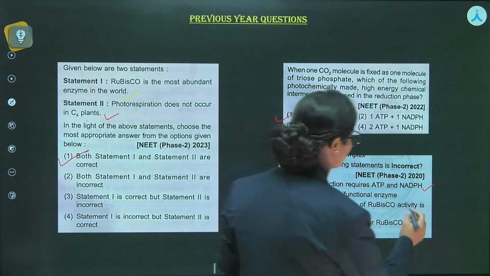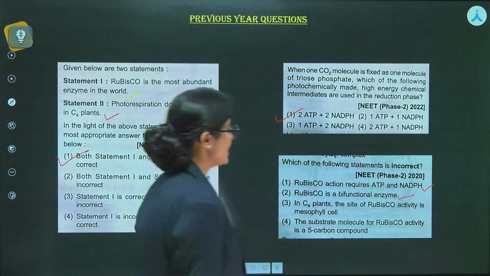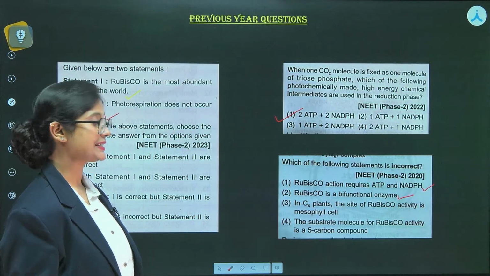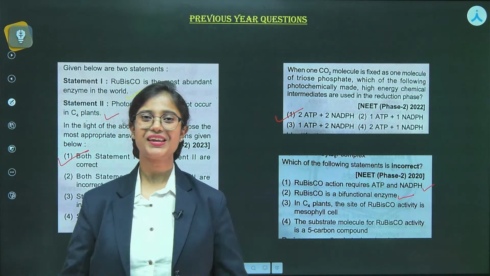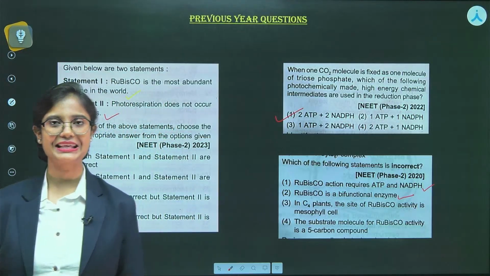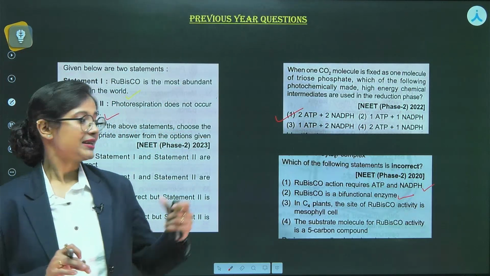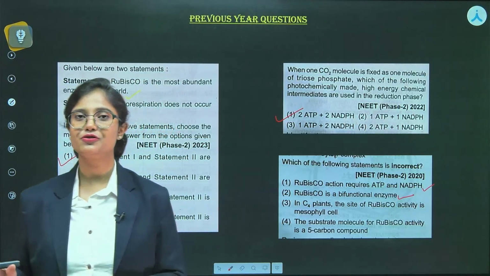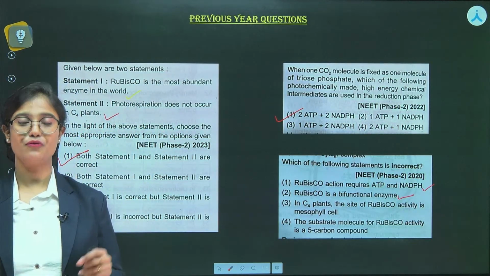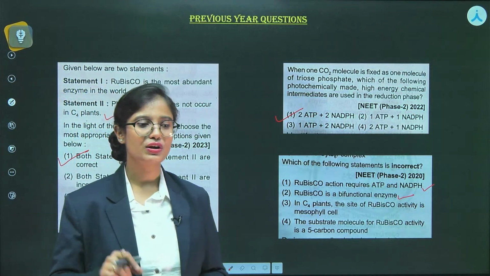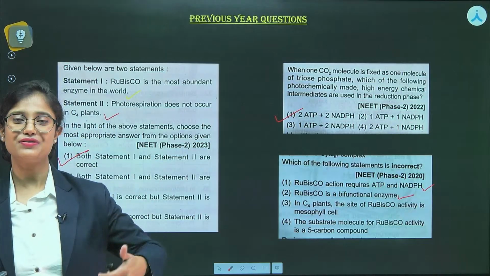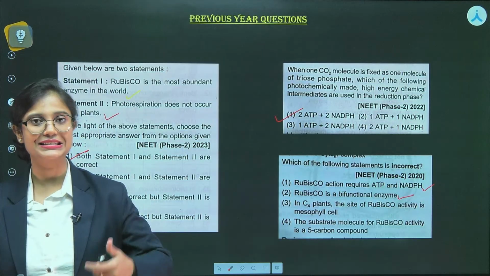तो ये statement भी correct हुई. Next one is, in C4 plants, the site of Rubisco activity is mesophyll cell. तो हमने जब differences देखे थे, we have seen that action of Rubisco enzyme in the C4 plant is bundle sheath cell, where the assimilation of carbon dioxide is taking place and the activity of Rubisco enzyme is present in them.